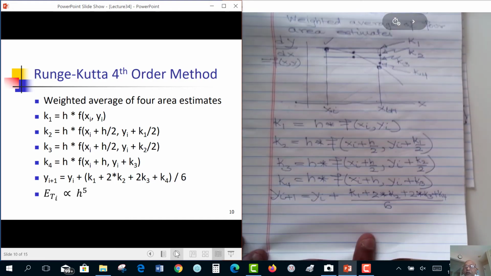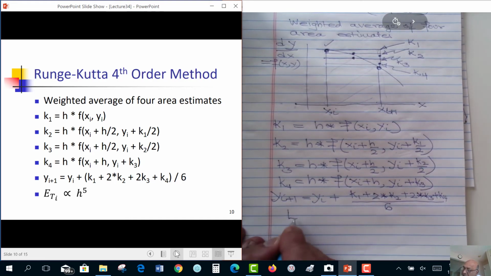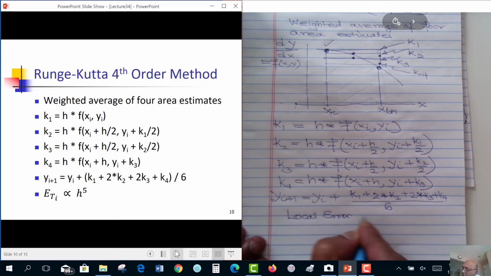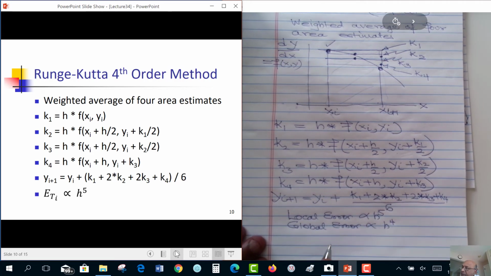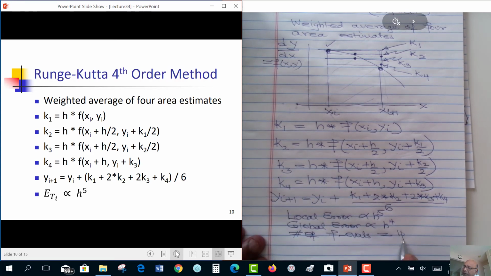So in Simpson's 1/3 rule, you may remember local error was proportional to h to the power 5. Global error proportional to h to the power 4. Number of function evaluations: obviously, we have 4 area estimates, so 4.